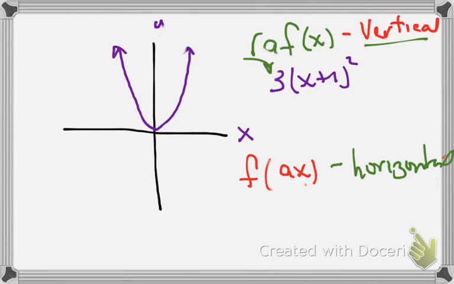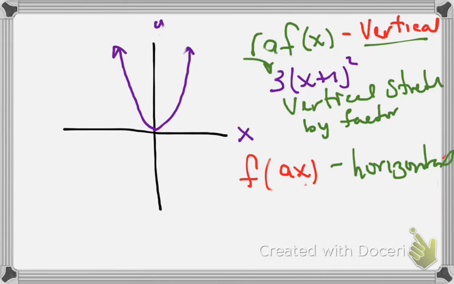So we got to use the word vertical. If it's getting narrow, what am I doing to the vertical axis to make it thinner? I'm stretching it. So we're going to say vertically stretched by a factor of 3. If this was a half, let me draw what that would look like too, so you can see it.